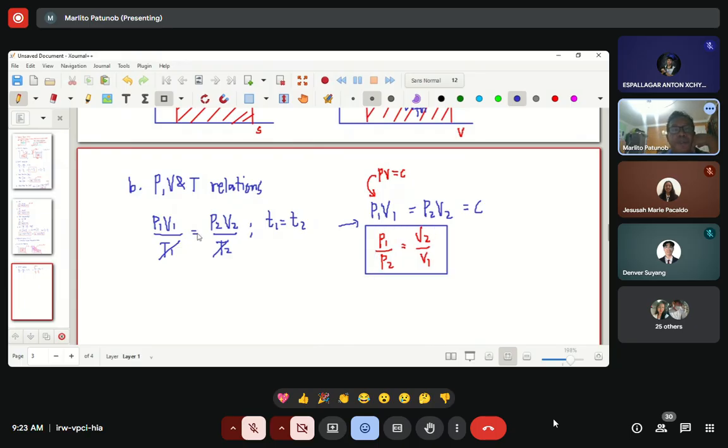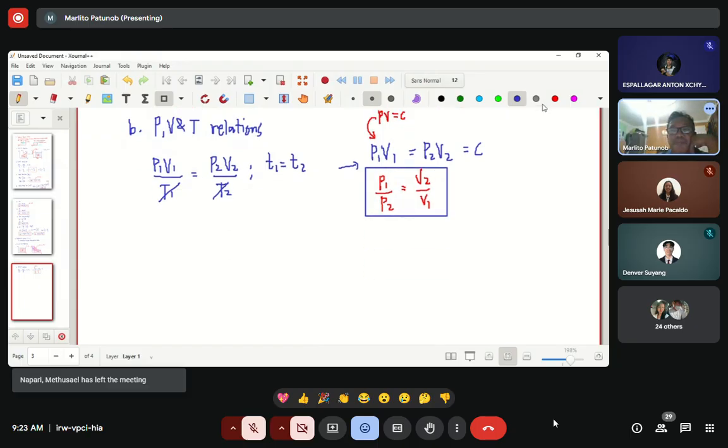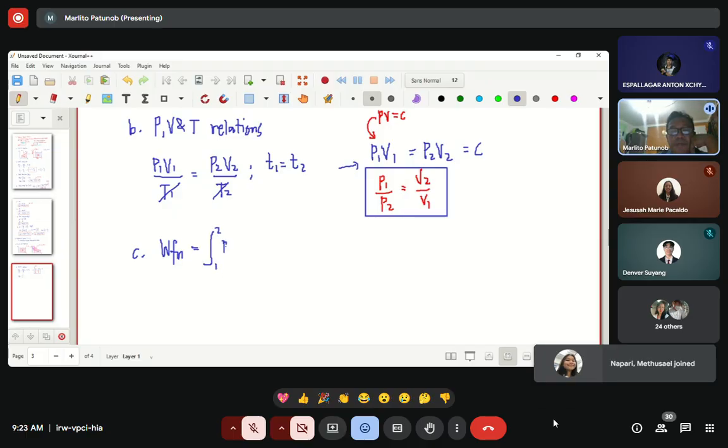Now let's have letter C, the work non-flow. The work non-flow is the integral from 1 to 2 of P dV. Okay.